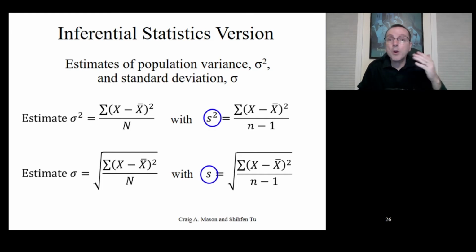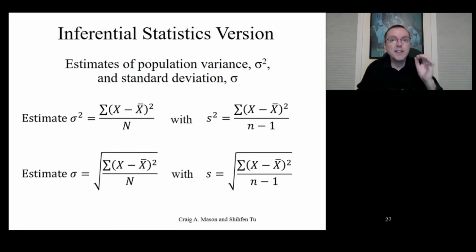We use a lowercase s in order to make it clear that we're really talking about the inferential statistics formula with n minus 1 in the denominator, right? Not the descriptive statistics formula, which was represented with the uppercase S and had n in the denominator.